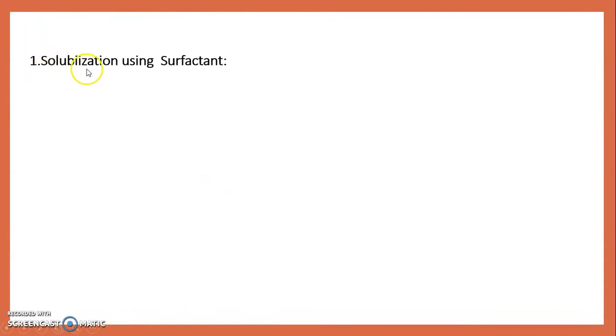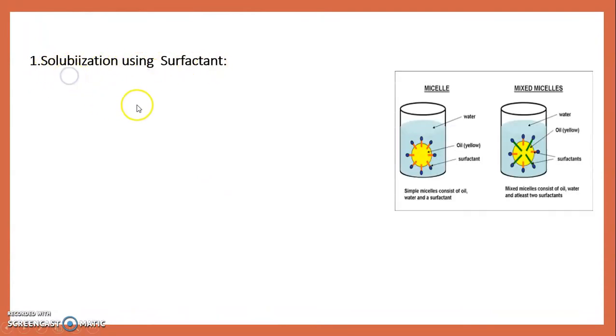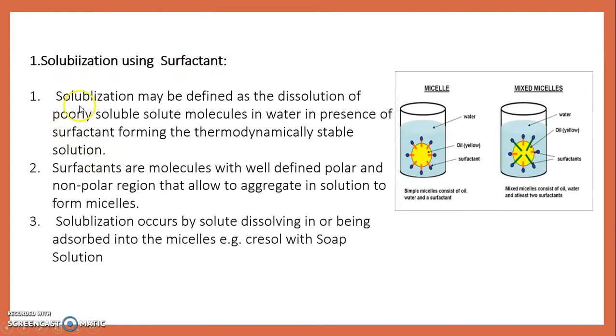First of all, we see solubilization using surfactants. Solubilization may be defined as the dissolution of poorly soluble solute molecules in water in the presence of a surfactant, forming a thermodynamically stable solution.